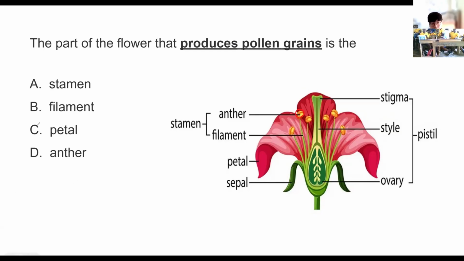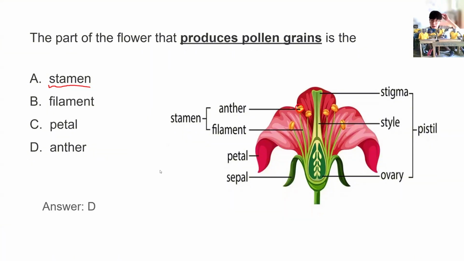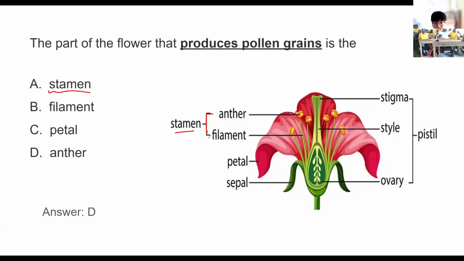Maybe I heard A. But we're looking for a very specific answer. So the answer is actually D, the anther. But the stamen actually includes both the anther and the filament.